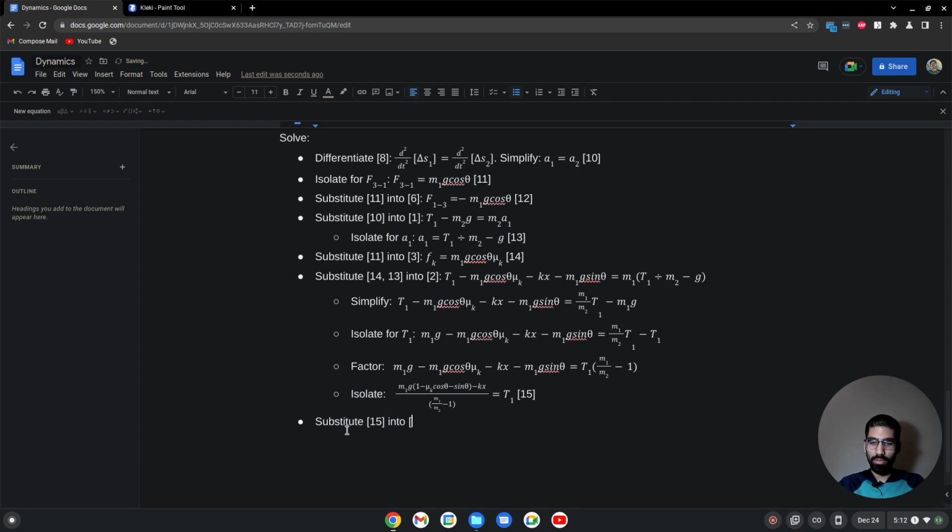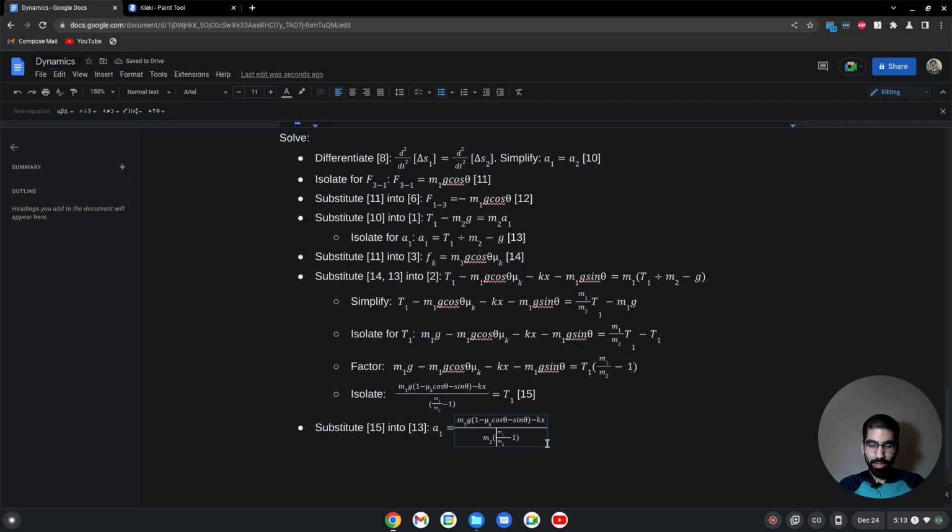15 into 13. What we'll get is a1 lowercase is equal to t1, this huge mess, divided by m2. I'm just going to tack it on right here, divided by m2. Here we are.